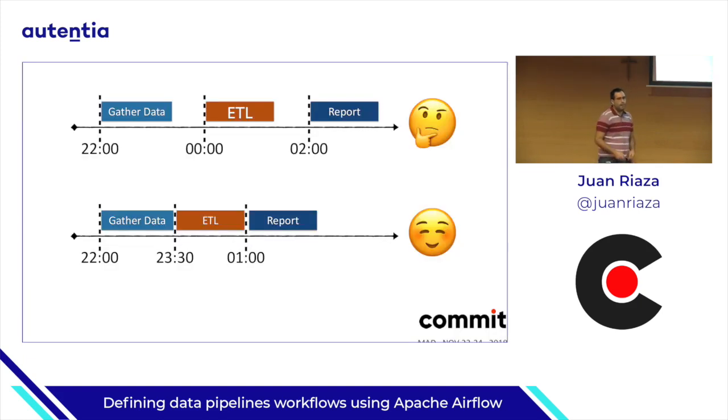So let's imagine this imaginary 3 steps data pipeline, where the first step is about gathering data, the second step is about just a simple ETL, and the last one is about reporting. So they have dependencies between them.